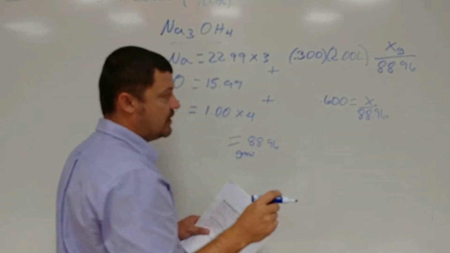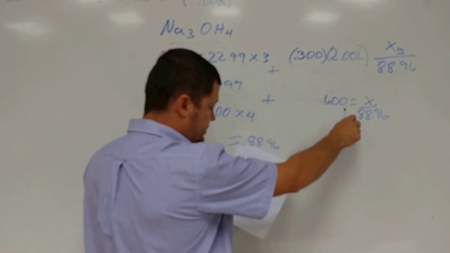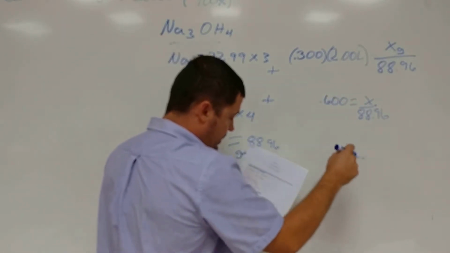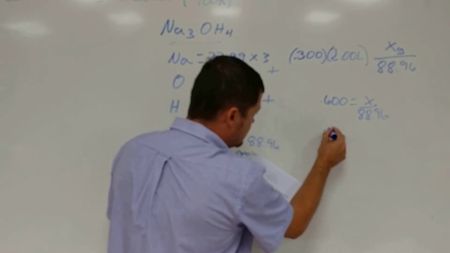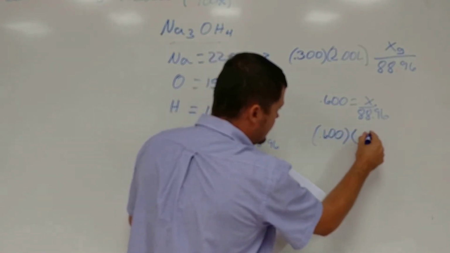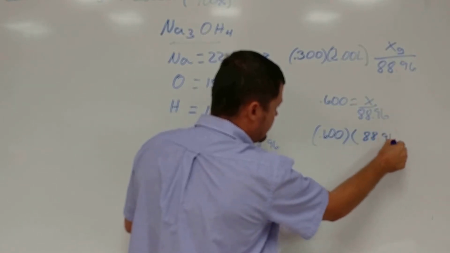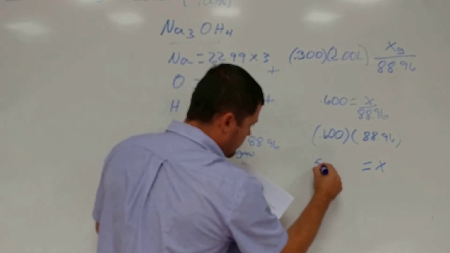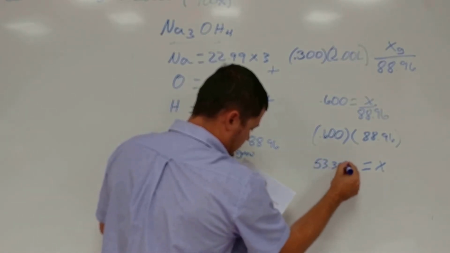All right. So then we're just going to substitute that out, and that's going to go 0.6 times 88.96, and X is going to equal 53.38.